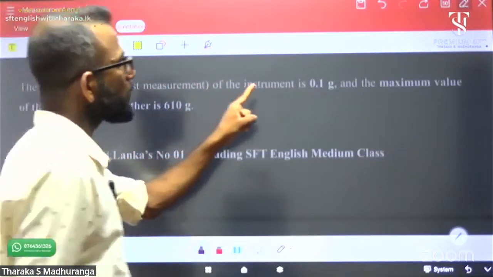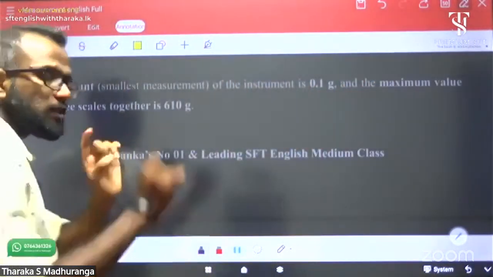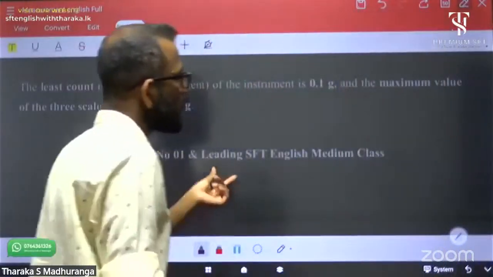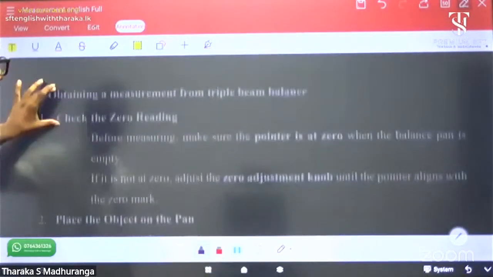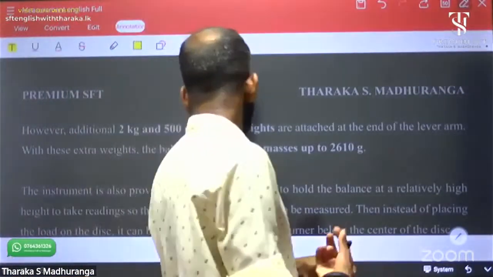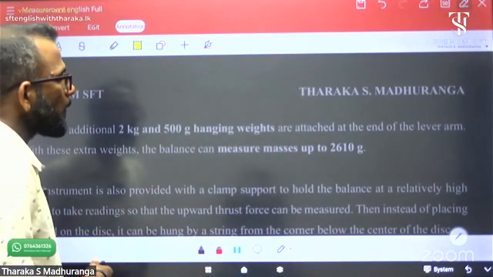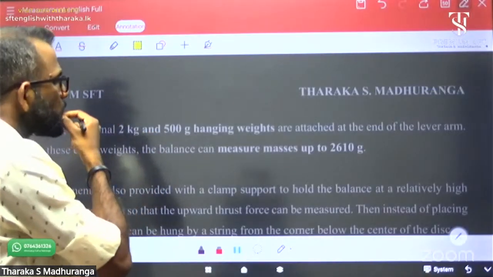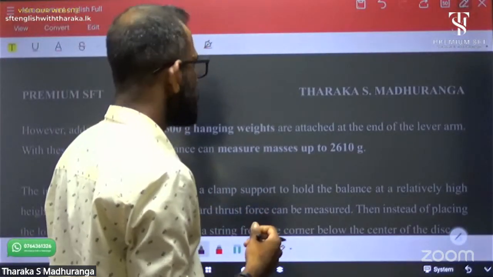The least count of the triple beam balance is 0.1 gram, and the maximum scale without the additional extra bar is 610 gram, right? However, additional 1 kilogram and 2 500 gram hanging weights are attached at the end of the lever arm.